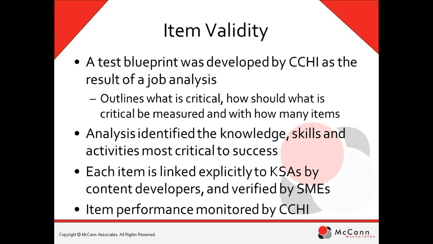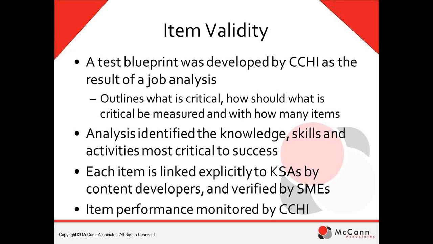Item validity. Now we're going to discuss the validity of the items and the test itself. Back in 2010 or so, a job analysis was conducted, spurred by CCHI, which identified the critical knowledge, skills, and activities required for successful medical interpreters. This resulted in development of a test blueprint which details which specific skills are critical for successful performance, how the skills should be measured, and with how many test items.